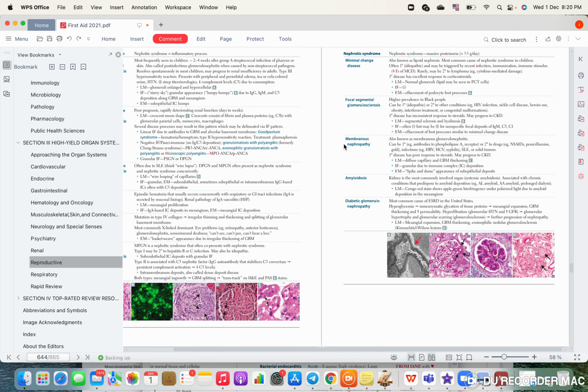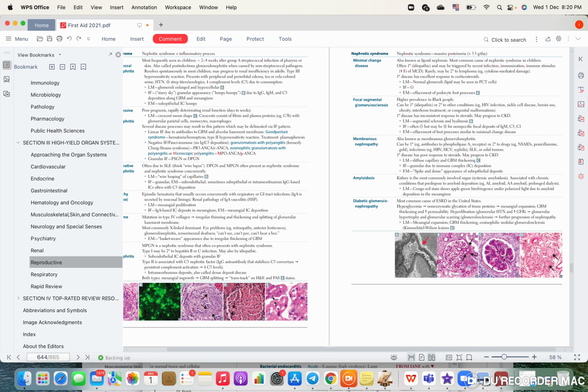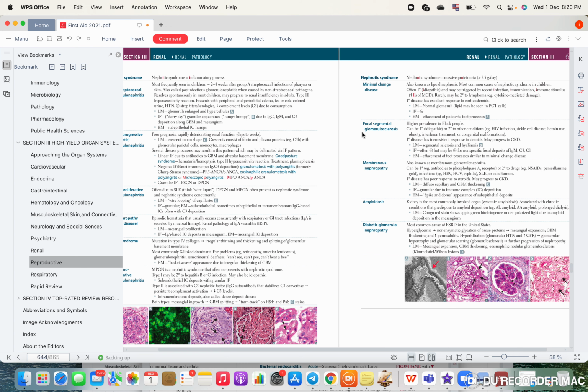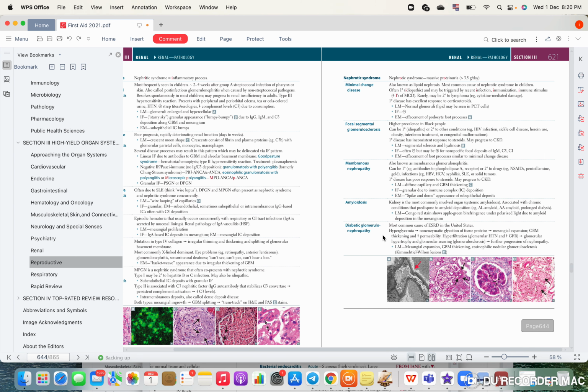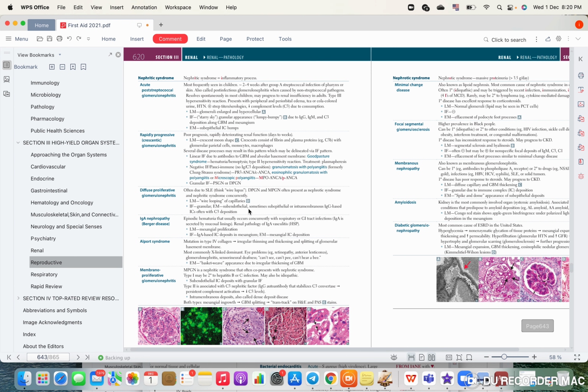Yes. Can you tell me, please? This is nephrotic syndrome. What nephritic syndrome is associated with hepatitis B and hepatitis C? Yep, it's membranoproliferative glomerulonephritis. It's actually good that you said the last one.